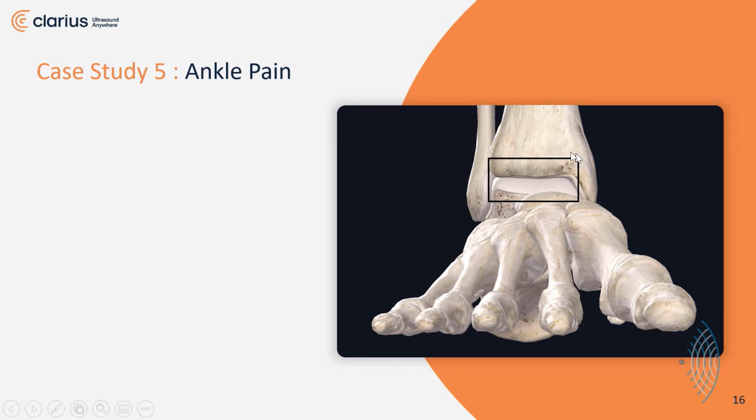So let me draw your attention to the talocrural region, where the distal tibia, the distal fibula, and the talus have their articulation, or their joint. You will see that there is articular cartilage all the way down on the talus, and that's particularly important because when we put the probe right where this blue line is, you will expect to see some dark areas representing articular armor over the top of the talus.